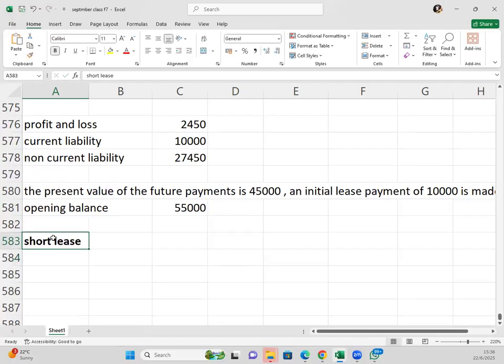A lease can be a long lease, it can be a short lease. So what form of a lease qualifies to be a short life lease?